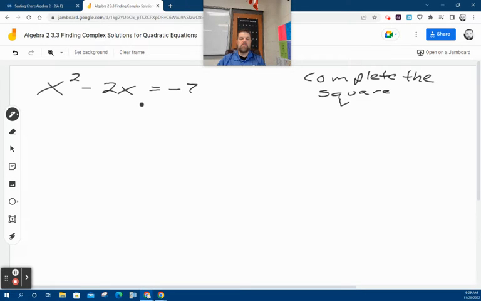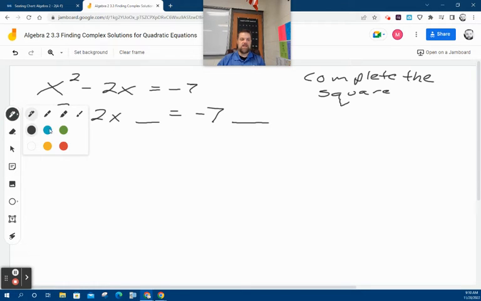All right, so when you complete the square, we're going to add something to both sides. Whatever we're adding to both sides, let's just go through the process, okay?